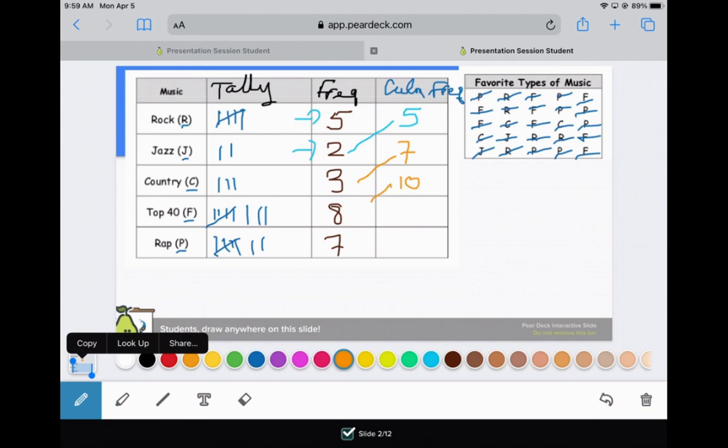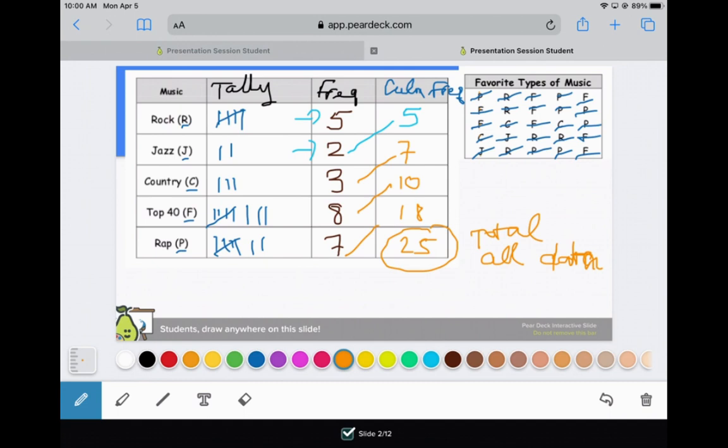And then you keep adding, 18, keep adding, 25. Okay, the very last number, this one is the total of all the data. That means if you count, there are 25 responses in here. So the very last number for the cumulative frequency is the total, okay, of how many numbers or how many responses I gave to you, okay?